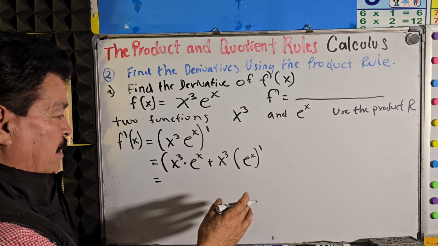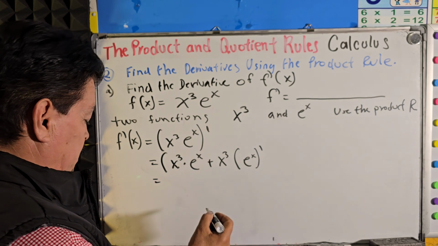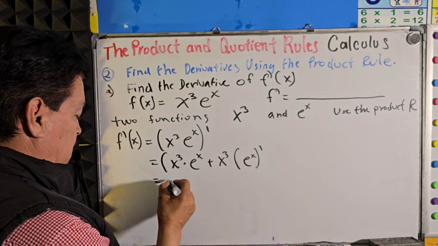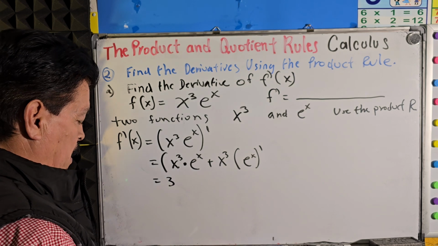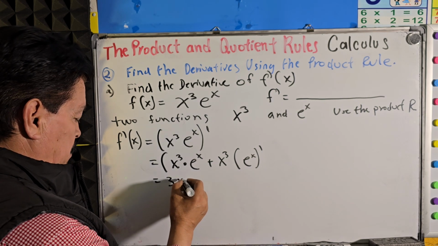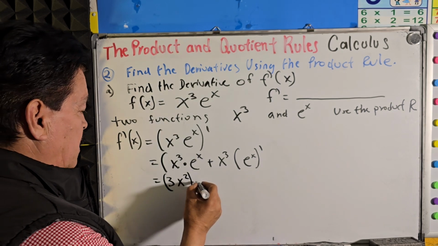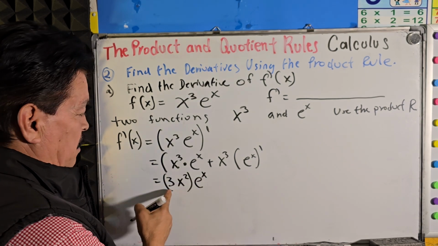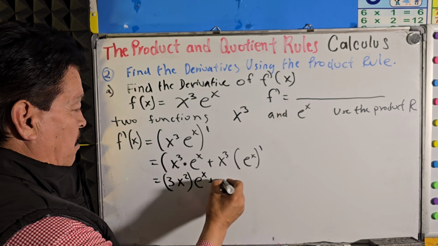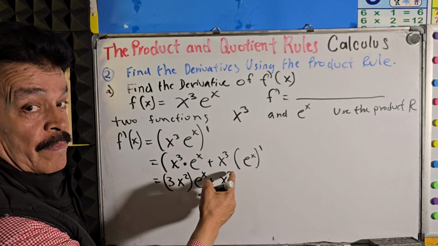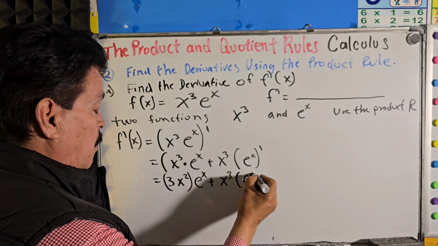Okay? Got it? So next step, just simplify here. We have to write here 3 times x to the second power, times e to the x power, plus now x to the third power times e to the x power.